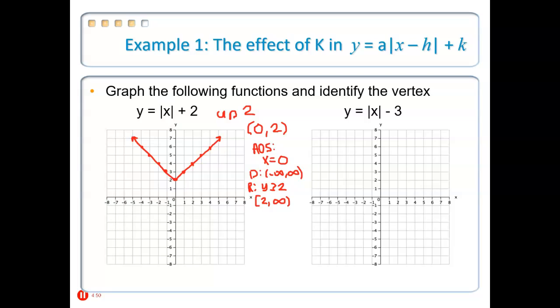Okay, let's look at y equals the absolute value of x minus 3. The negative 3 following the absolute value will translate my graph down 3 units.